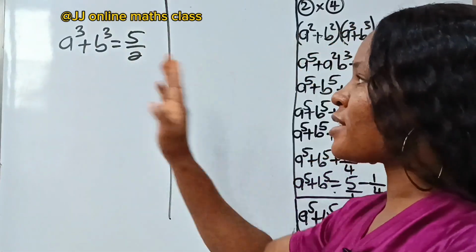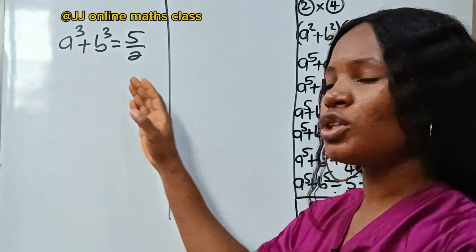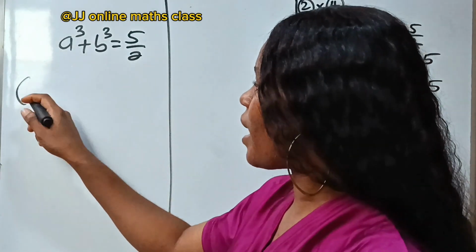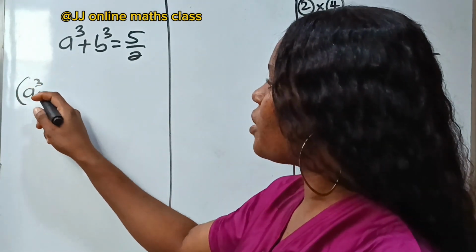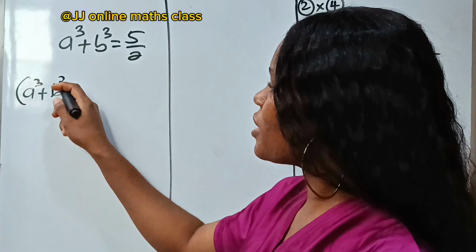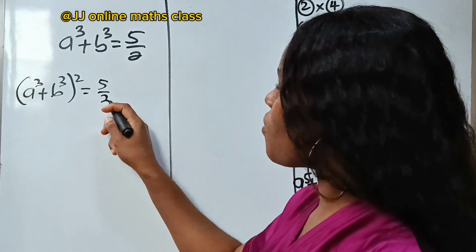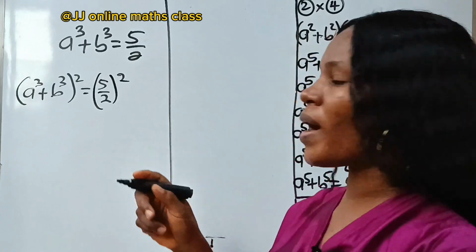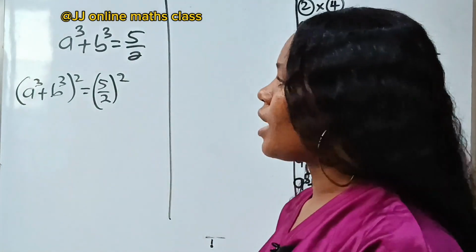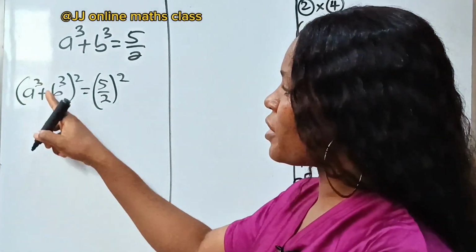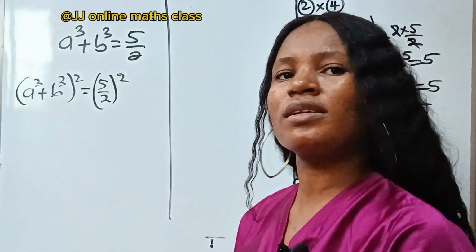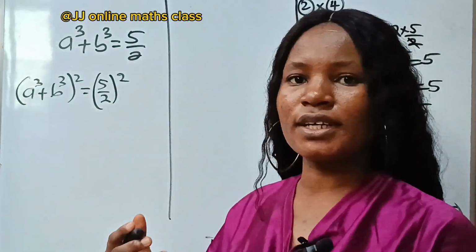Indices. So let's square both sides of this equation. So if we do that, we have a to the power of 3 plus b to the power of 3 squared is equal to 5 over 2 squared.